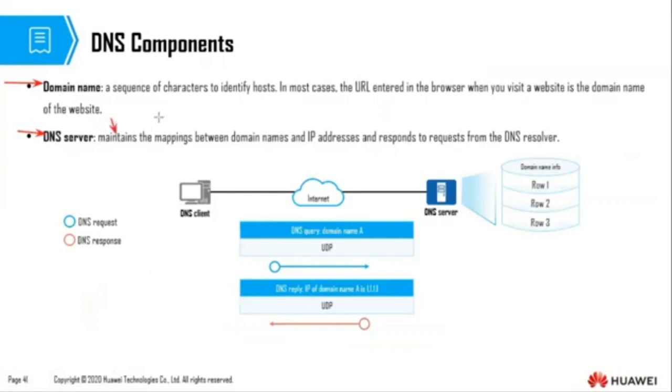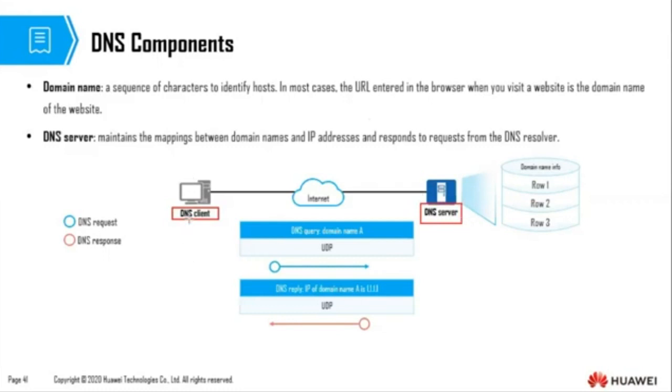The server maintains mappings between domain names and IP addresses, and it responds to requests from the DNS resolvers. So again, DNS adapts a client-server architecture. So we have the client, who is you with your mobile phone wanting to visit Huawei.com.